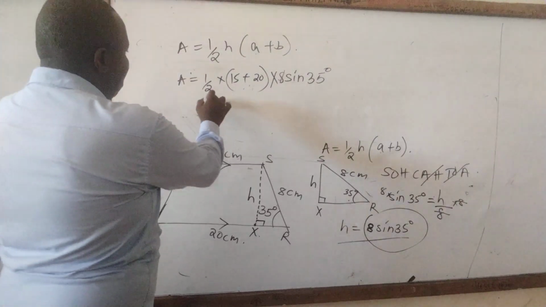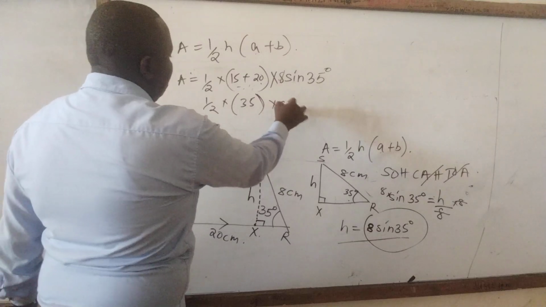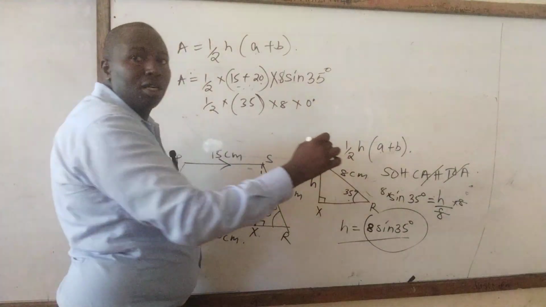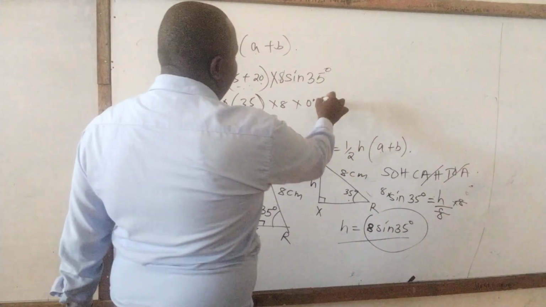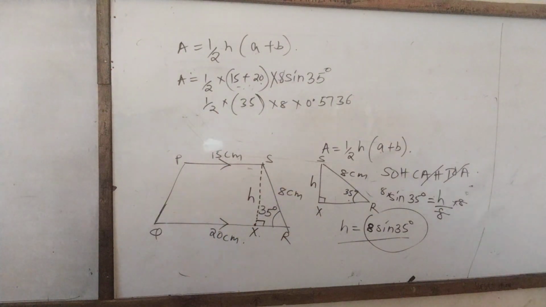So you have a half times 35 times 8 times 0.5736. Now multiply and get the area.